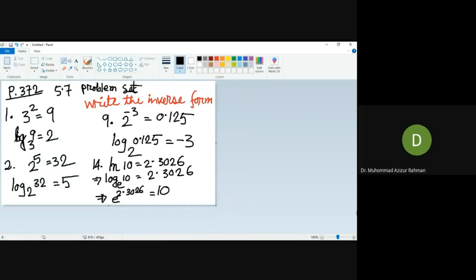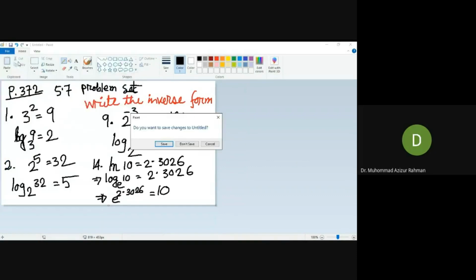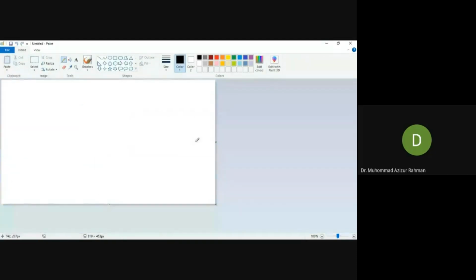Problem 16 is given ln 0.5 equals minus 0.6931.